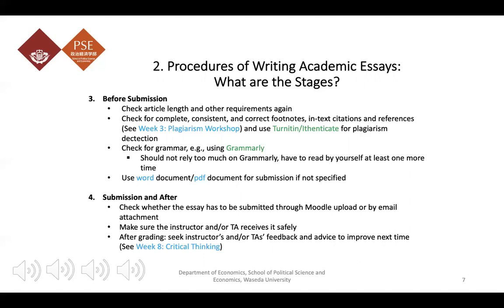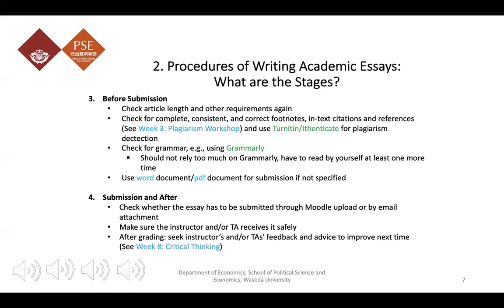You should have a complete and consistent list of references, and you should check whether you use the proper footnotes in your essay. And also, if you want to check whether you made some obvious grammar mistakes, you can use Grammarly to run through it online to correct some of the most obvious grammar mistakes.